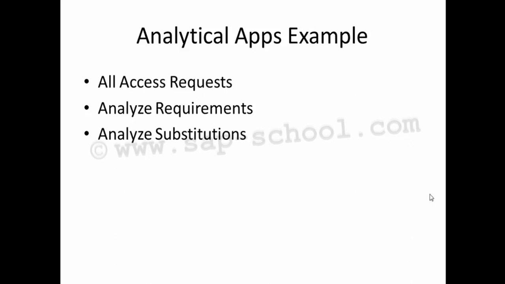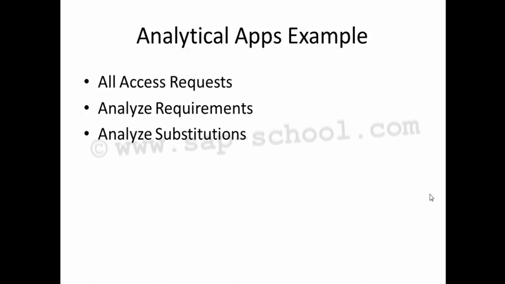Then we have the information about the substitutions that were performed by a rules-based ATP check. So to do a root cause analysis of the ATP check results, we can drill down to the schedule line information and the results of each ATP check method performed during the ATP check. So this app is basically to analyze the ATP.